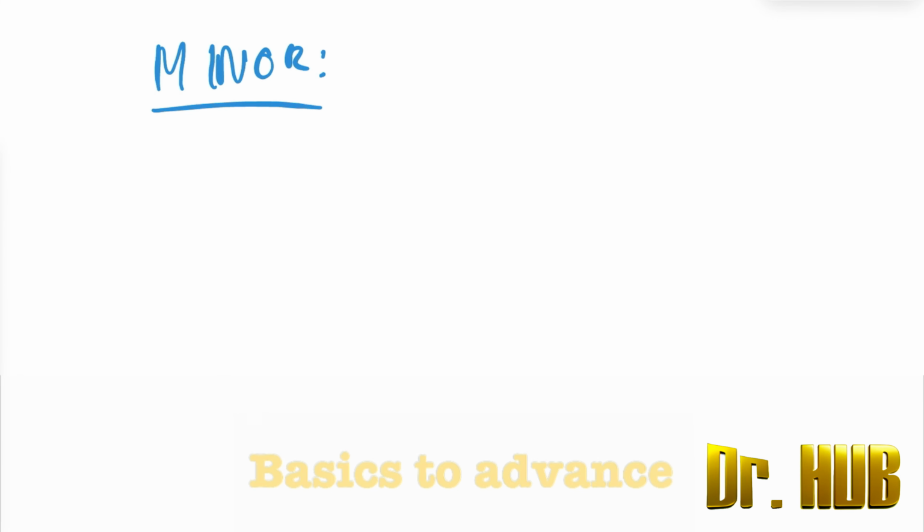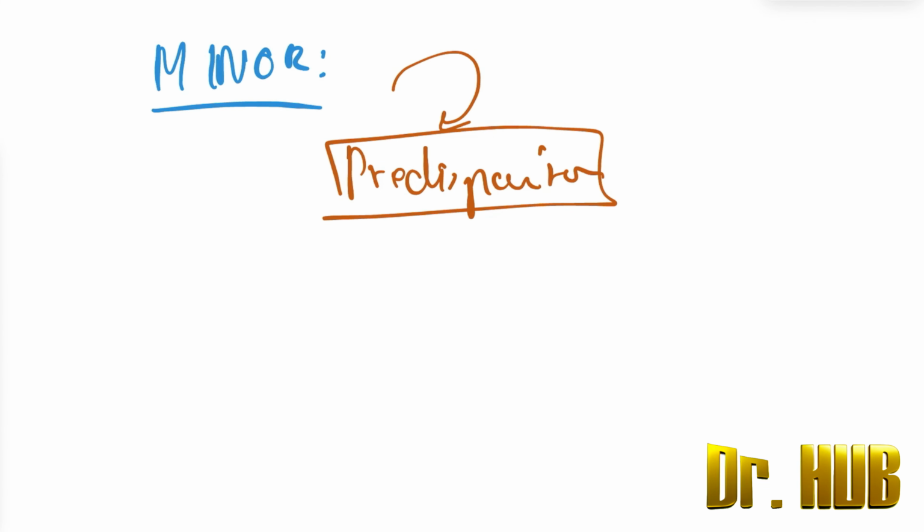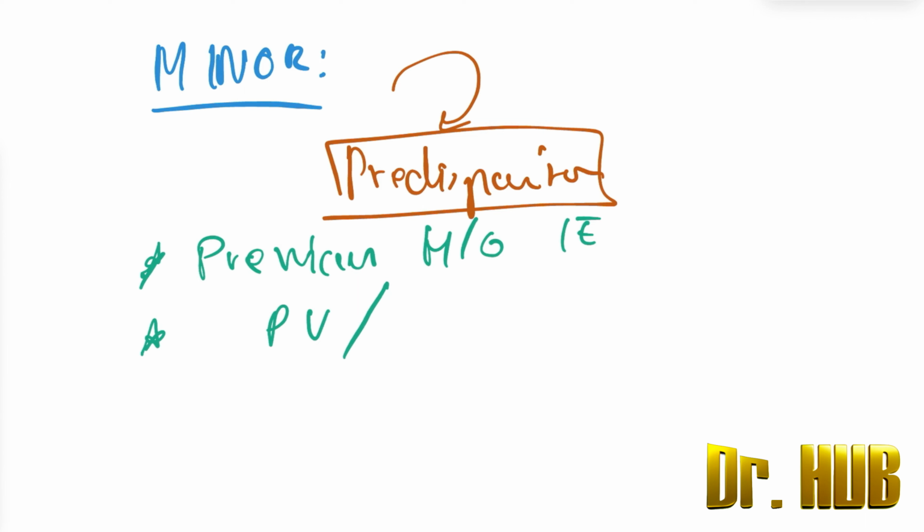So under minor criteria, we look for some predisposition. So what is seen under the predisposition? We look for any previous history of infective endocarditis. Next, we also look for any presence of a prosthetic valve.